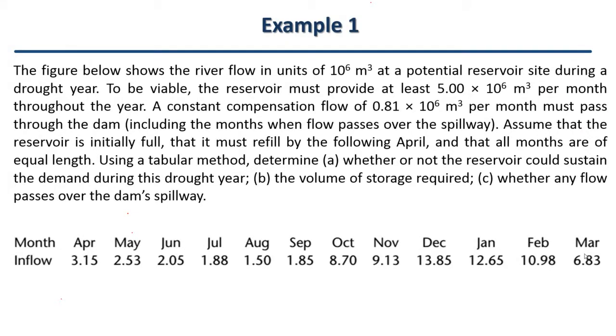This is called compensation flow. In some references you might see it as environmental flow. It is to make sure that the river survives, for the aquatic life in the river; you cannot completely stop the water going downstream.